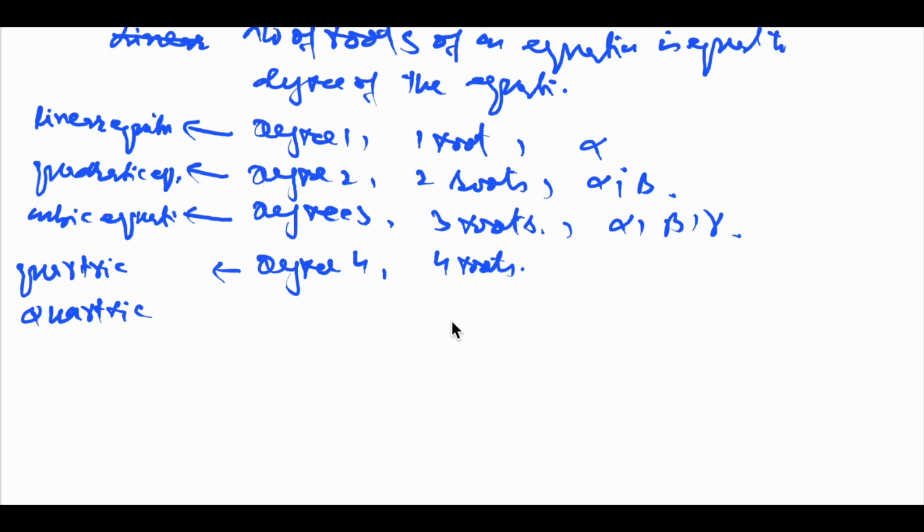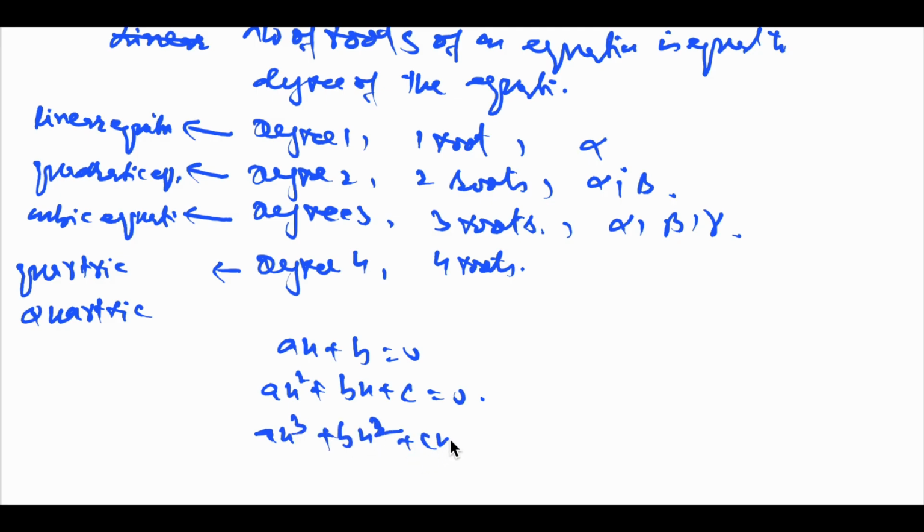Quartic equation, 4 roots. Their general forms are, for example, the linear equation general form is ax plus b is equal to 0. Degree 2, quadratic equation, the general form is ax square plus bx plus c is equal to 0. Degree 3, cubic equation, the general form is ax cubed plus bx square plus cx plus d is equal to 0.